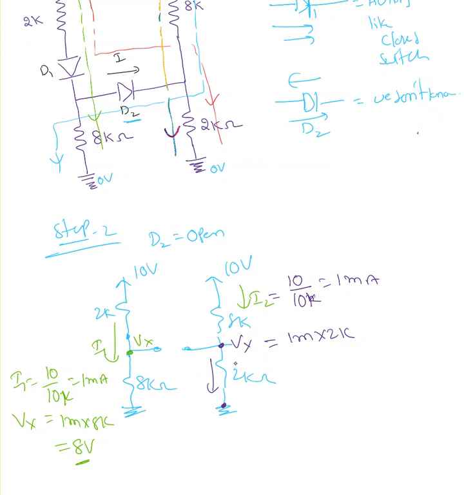So this is 0 volts, so the voltage drop here must be 2 volt. So Vy minus 0 equal to 2 volt. So Vy equal to 2 volt. Now what is the current passing through this diode? That must be 0 milliampere.